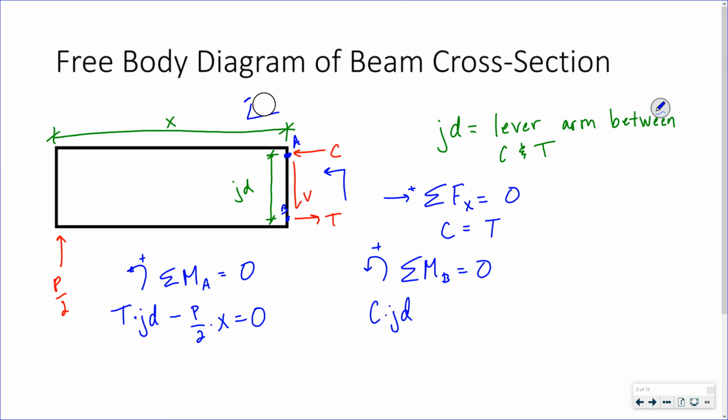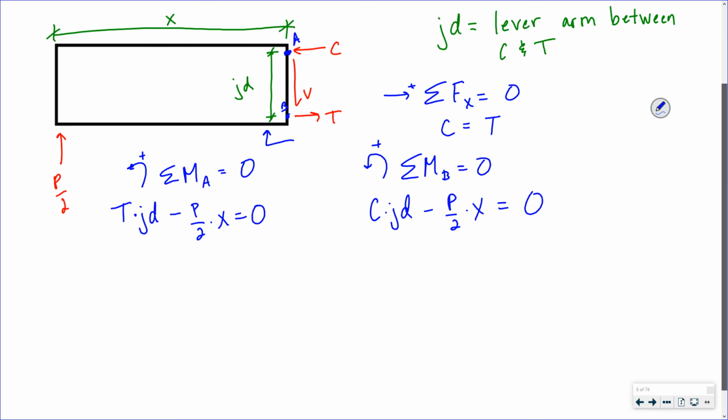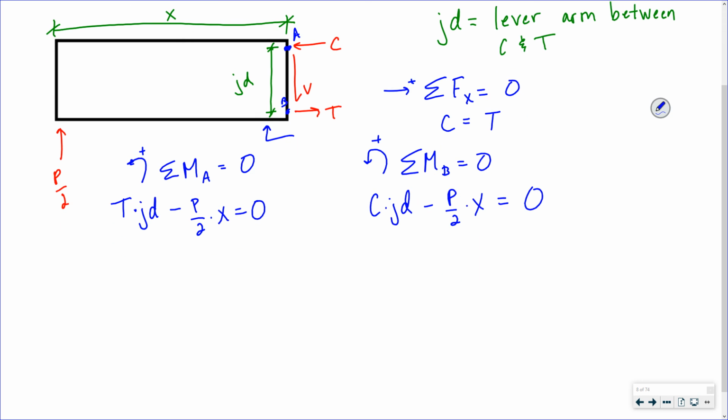And then I have, again, my P over 2 acting, right, clockwise. The force is P over 2, the moment arm is X. Say I put these two together.